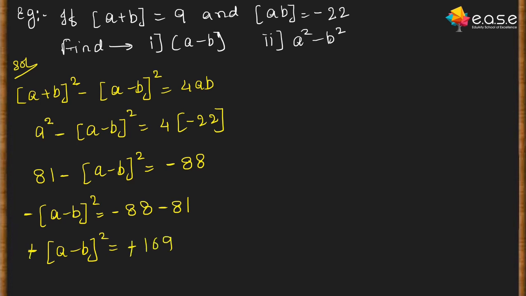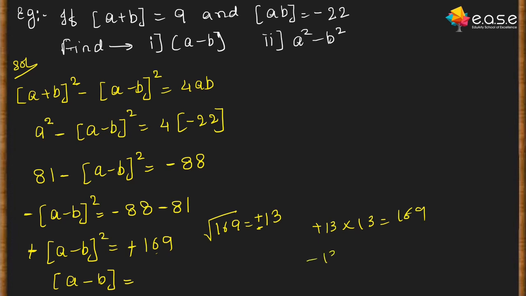we will get a minus b is equal to plus or minus 13, because 169 is the square of 13. If you take the square root, your answer will be 13, but it can be either plus 13 or minus 13, because plus 13 into plus 13 will also give you 169, and minus 13 into minus 13 will also give you 169.